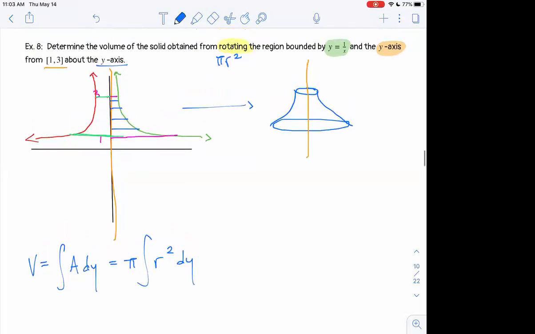So let's go back and think about what these radii might be, like what our equation could be for it, okay? So let's start with the bottom slice. So like this one right here, all right? The y value at this point is 1.